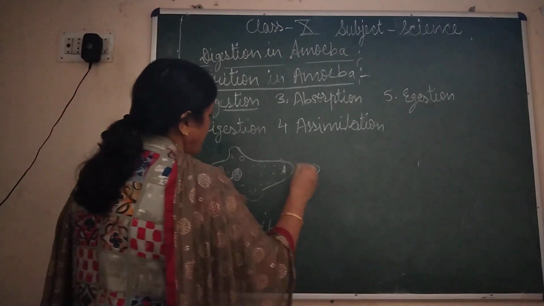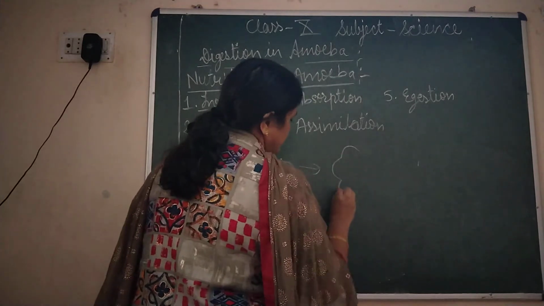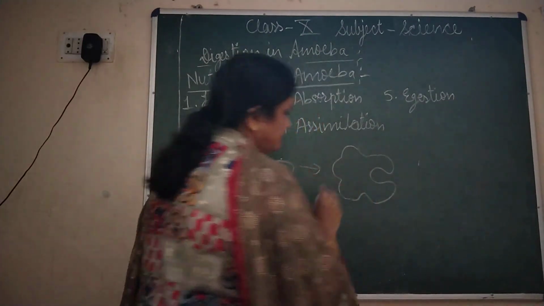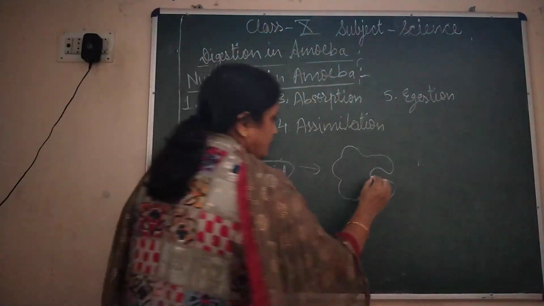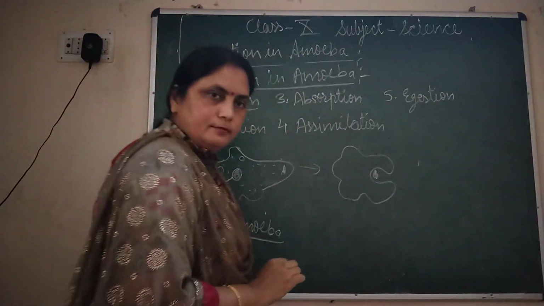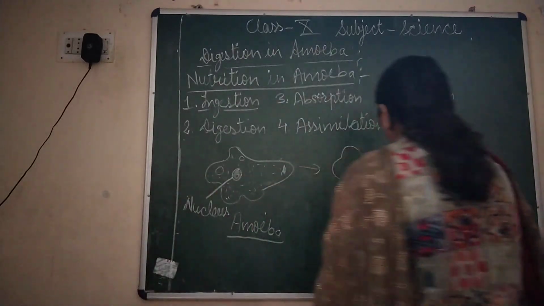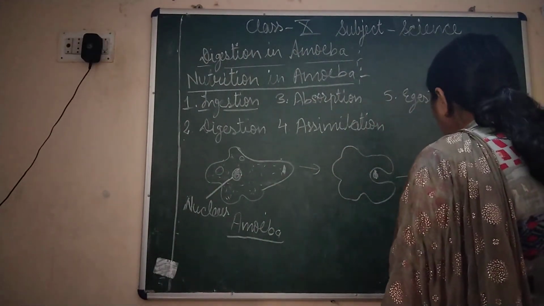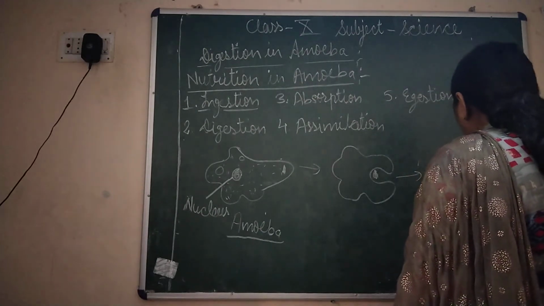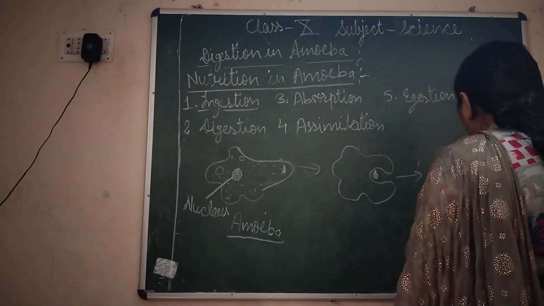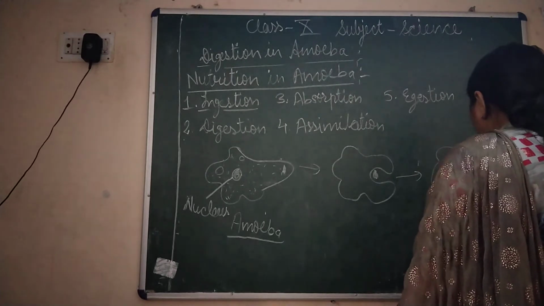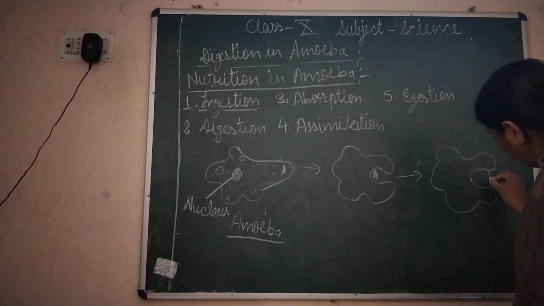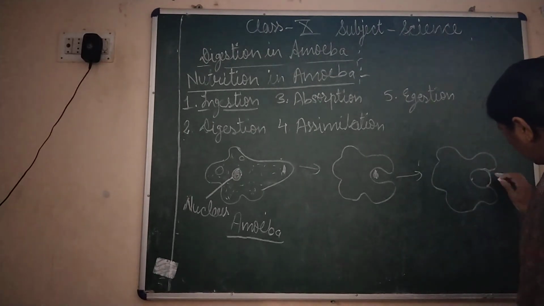Now, in a diagrammatic way, how can we represent it? This is a cup-like structure. Now it is its food. These two sides will join each other, and this cup-like structure will detach from here.